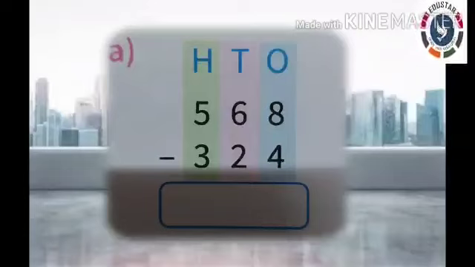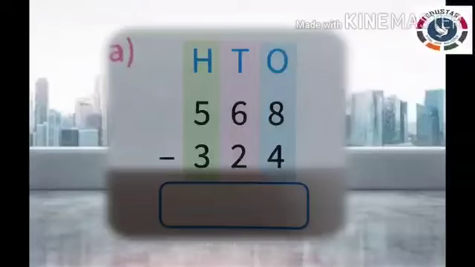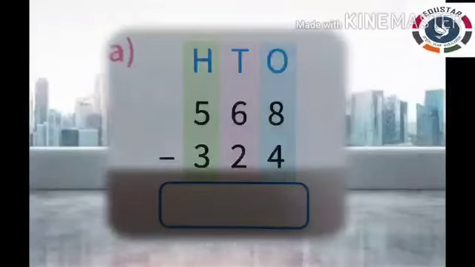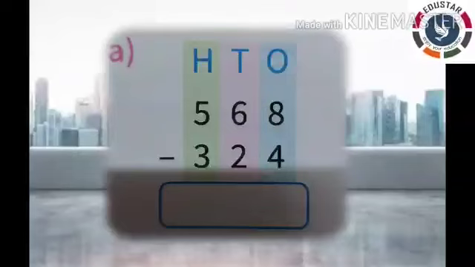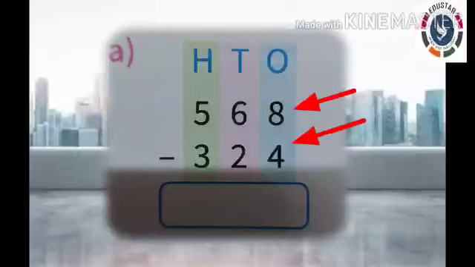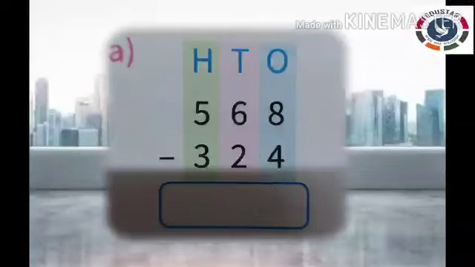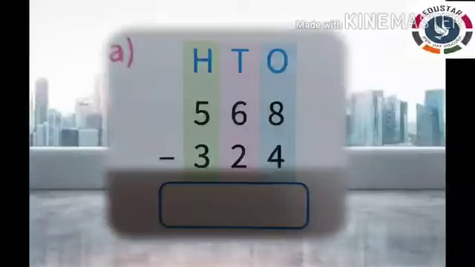See the ones column now. First you have to check the numbers. Here in ones column you have the numbers 8 and 4. 8 is greater than the 4. So we have to subtract it easily.